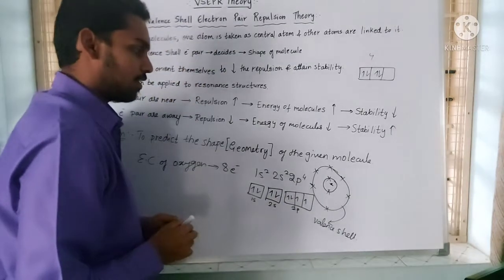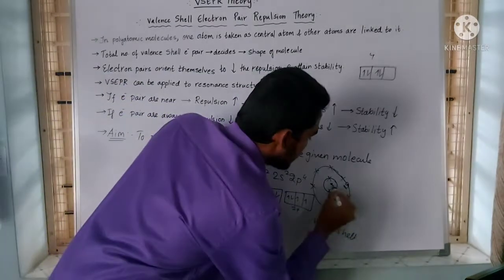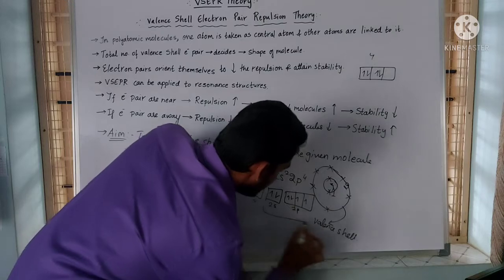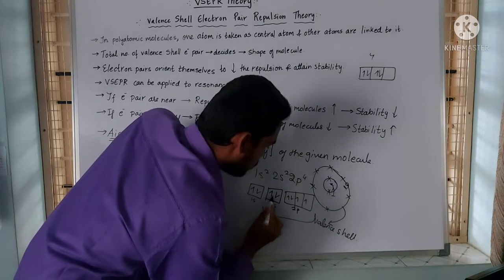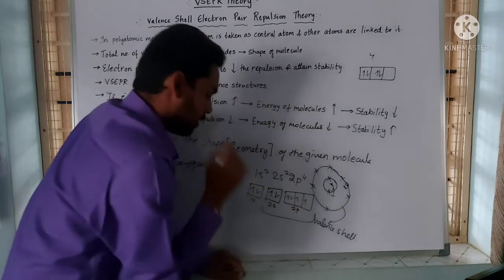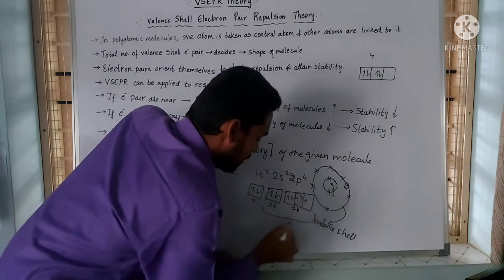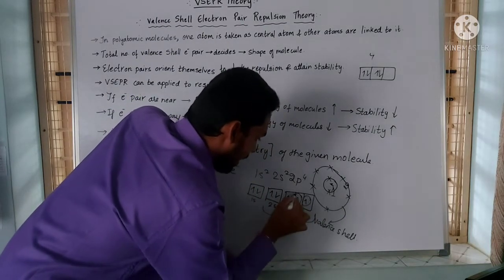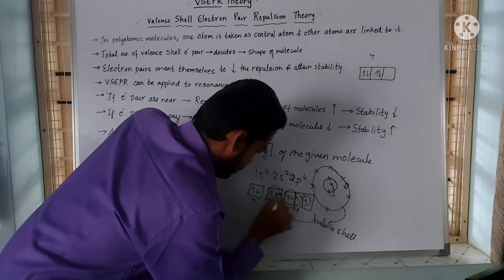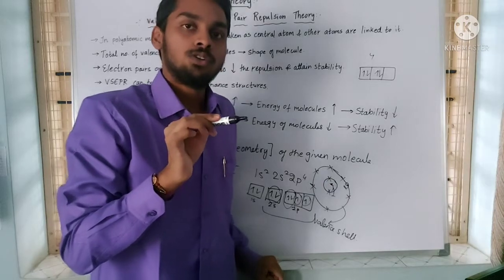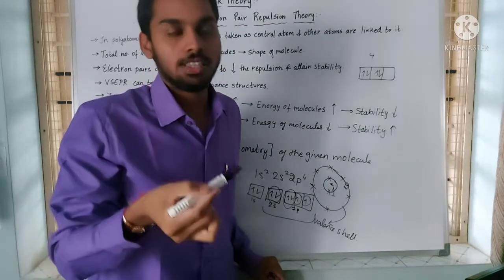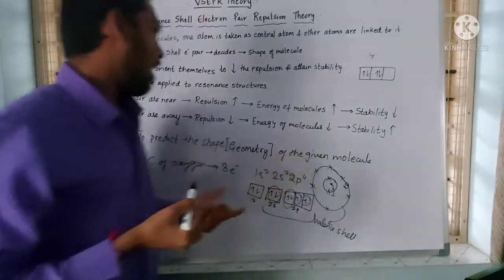Now you can see that this is the second shell, this is the first shell. This is the valence shell I was talking about. Here are the 6 electrons. Now you see that there is one unpaired electron, another unpaired electron, and I have a paired electron too. These unpaired electrons are going to play the role in the bonding with the hydrogen.